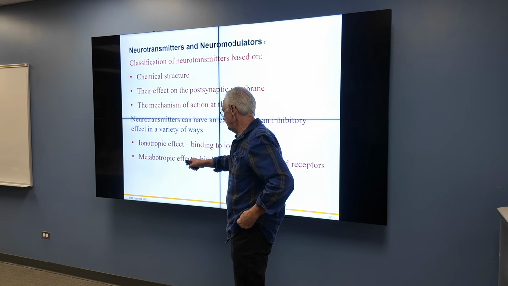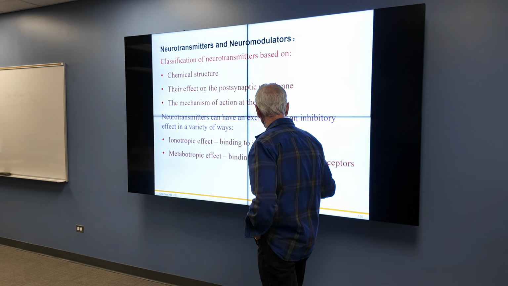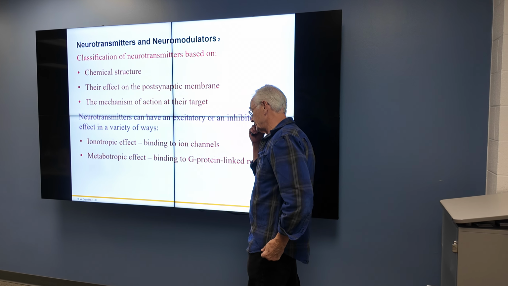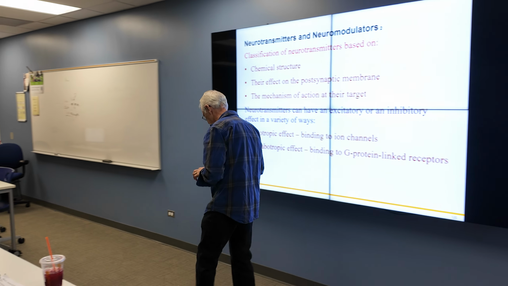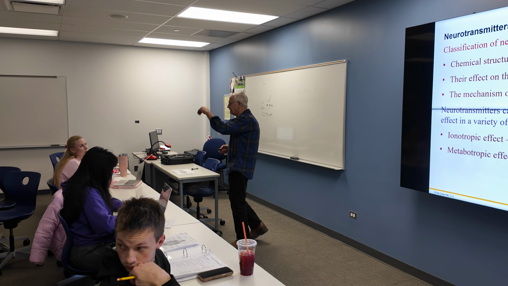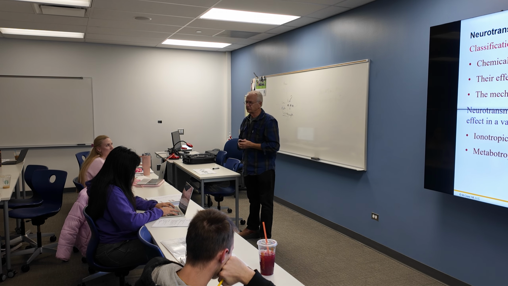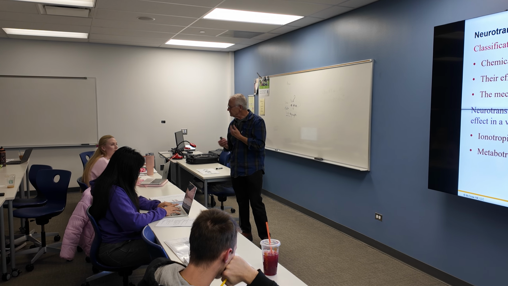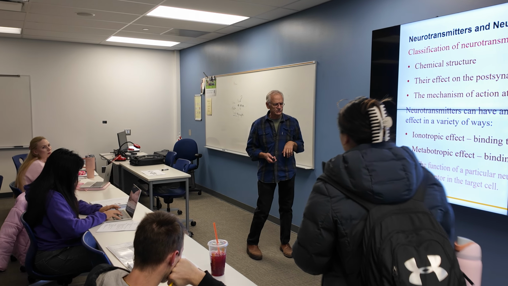We also have metabotropic effect here, binding to a G protein linked receptor. We talked about that way back when we were making reference to the G protein having all those individual steps on it before we had that adenylate cyclase, okay, the conversion. I'm not going to revisit that at this particular point.